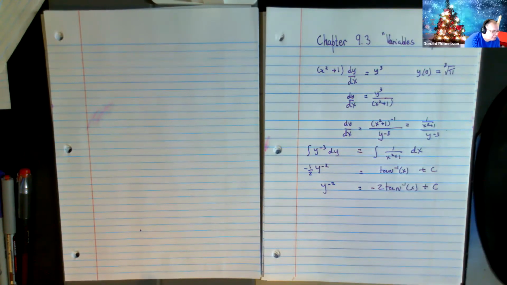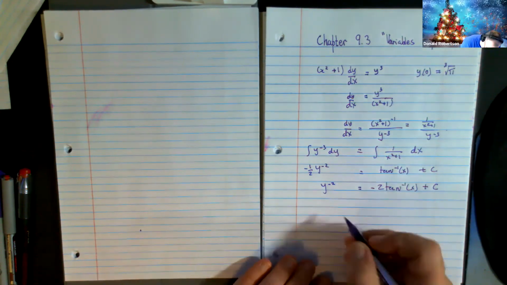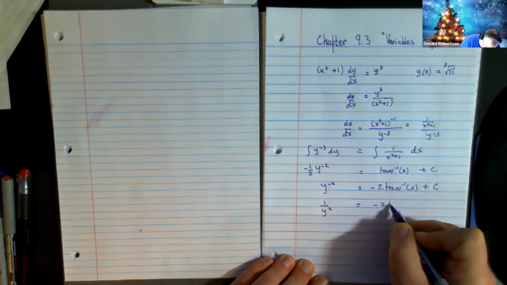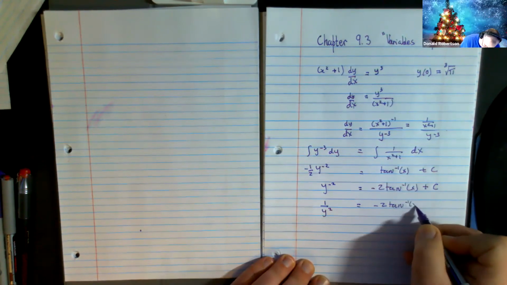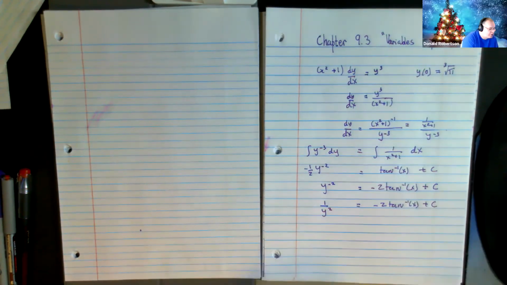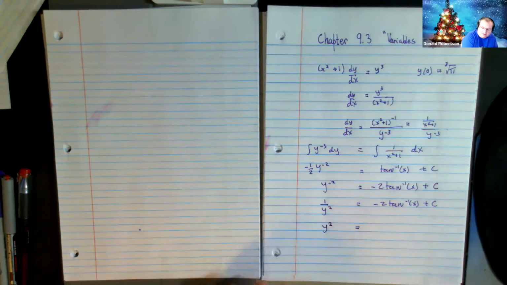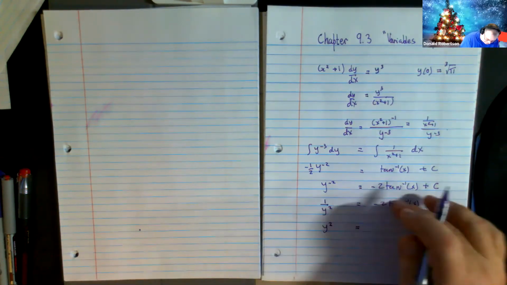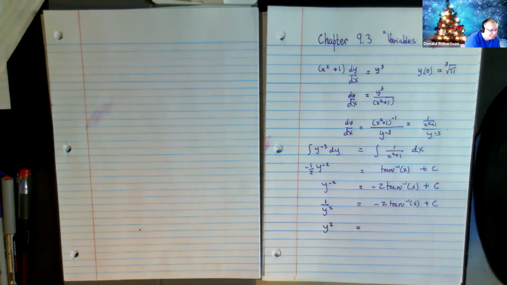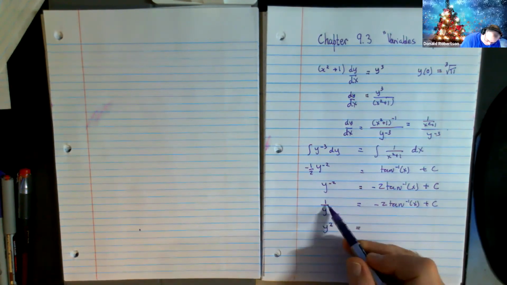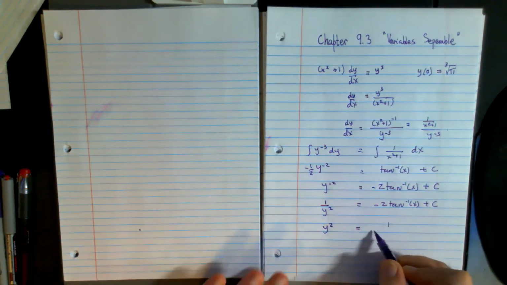And we'll do that thing, plus c, still plus c, if you multiply it by -2. This fella is probably better written as 1 over y squared. And we've done this before. 1 over y squared is this, so what's y squared going to be? One over -10, all that stuff.